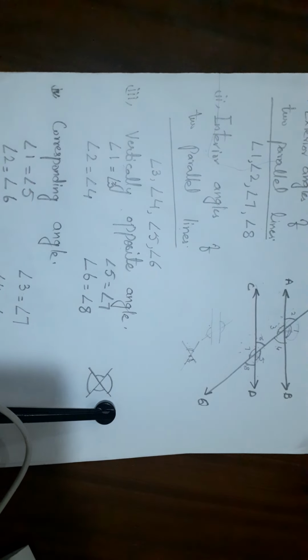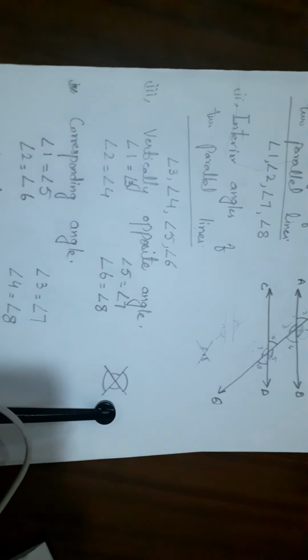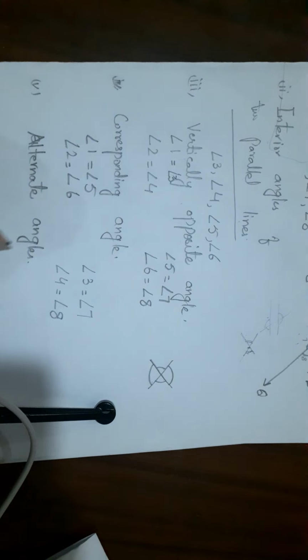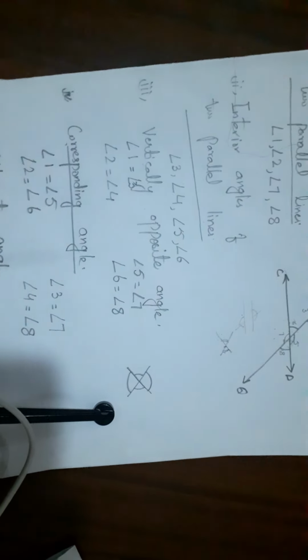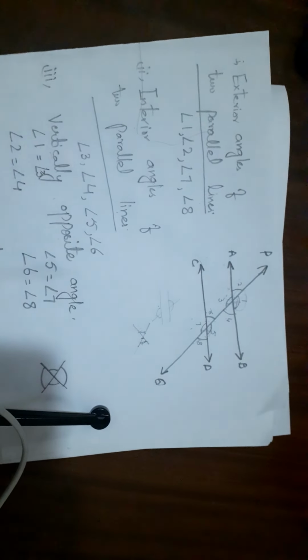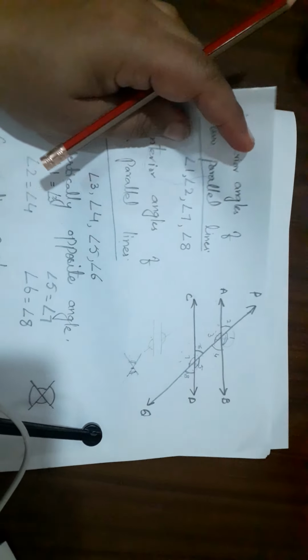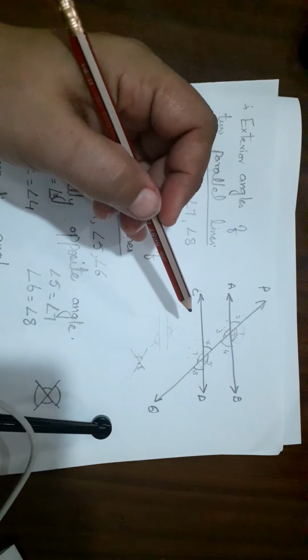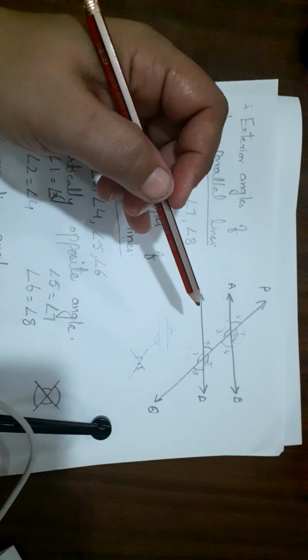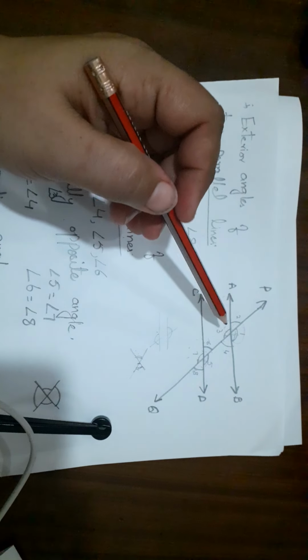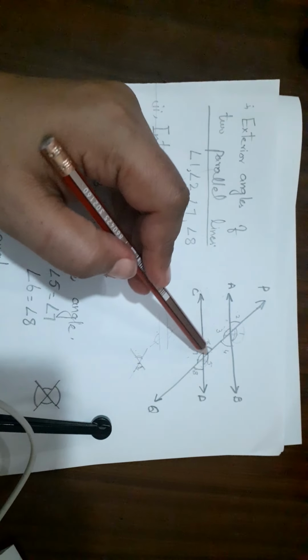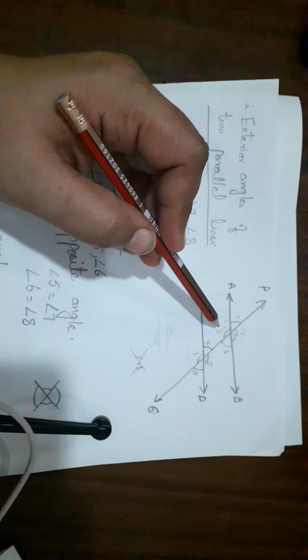Understand class? Now the alternate angle. What is the alternate angle? Yes class, we have learned to find corresponding angles and vertically opposite angles. Now we have to learn about the alternate angle. Alternate interior angles.